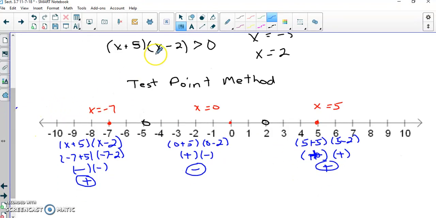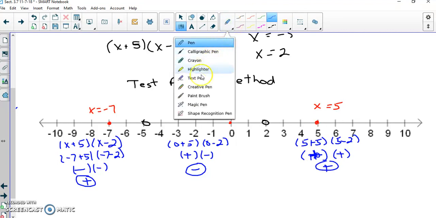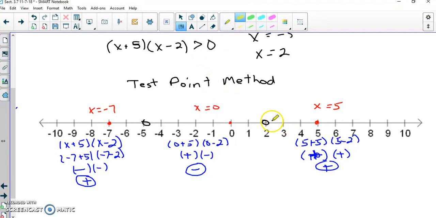Well, I'm looking for all the points that make this greater than 0. So those are going to be wherever it is positive. So it is going to start at where it equals 0. It equals 0 at 2 and negative 5. Don't start at your test points.